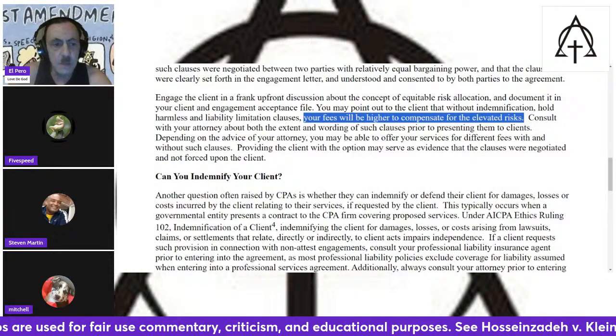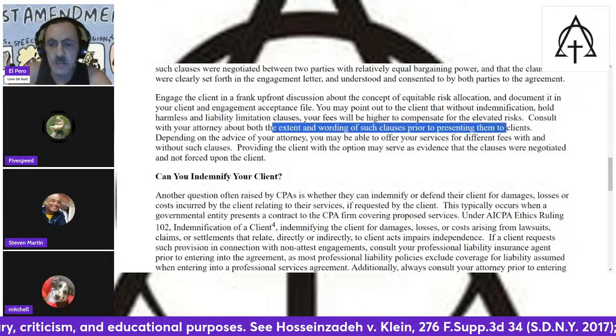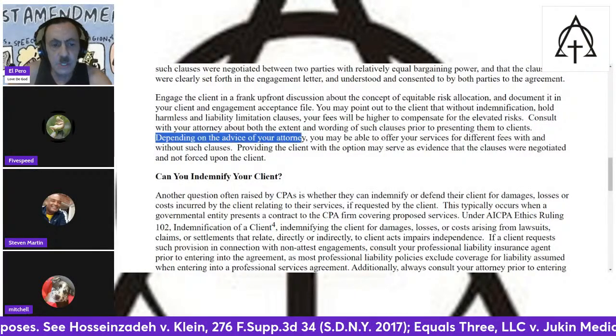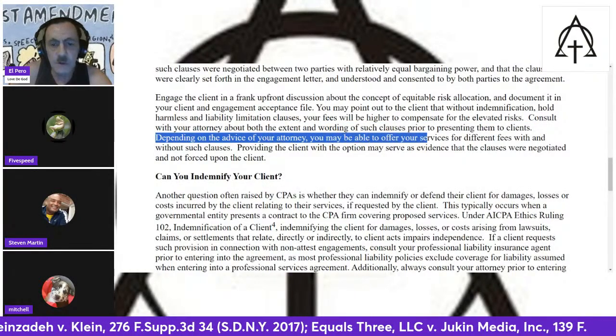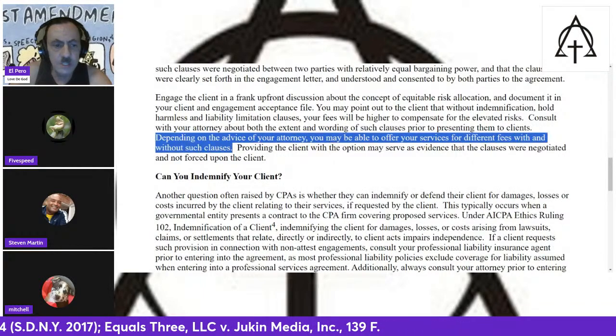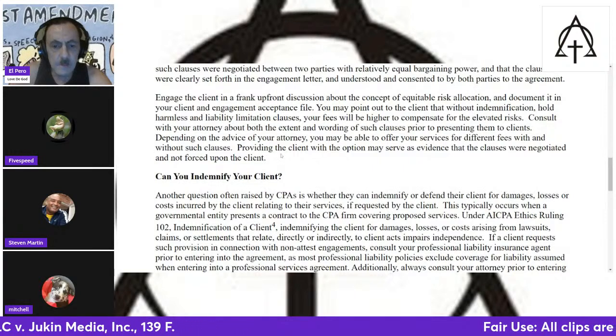Consult with your attorney about both the extent and wording of such clauses prior to presenting them to clients. Depending on the advice of your attorney, you may be able to offer your services for different fees with and without such clauses. That is clear instructions from the public realm.